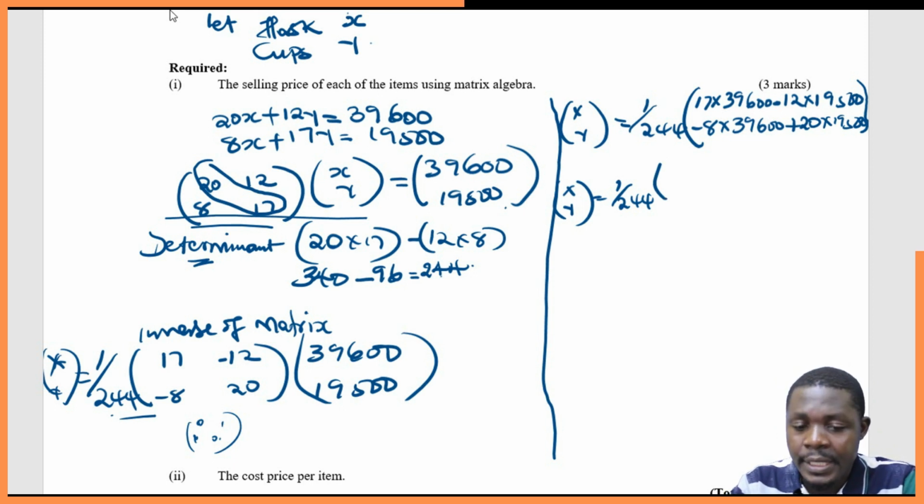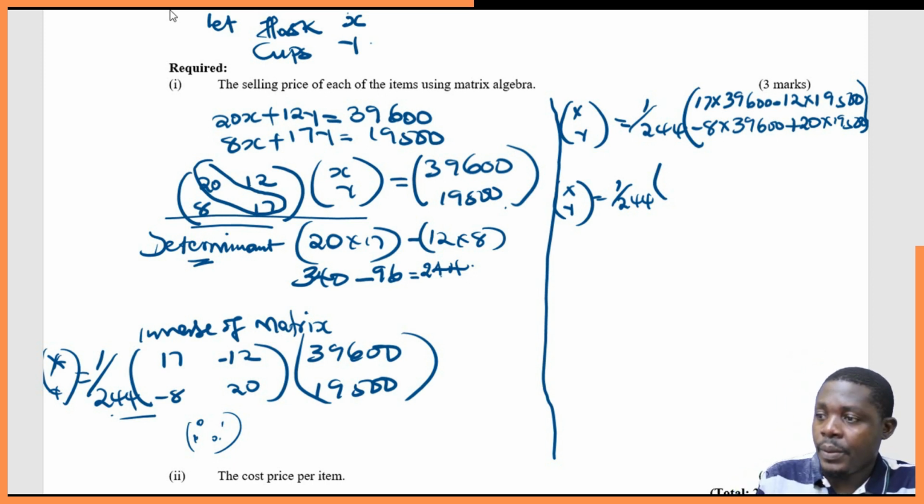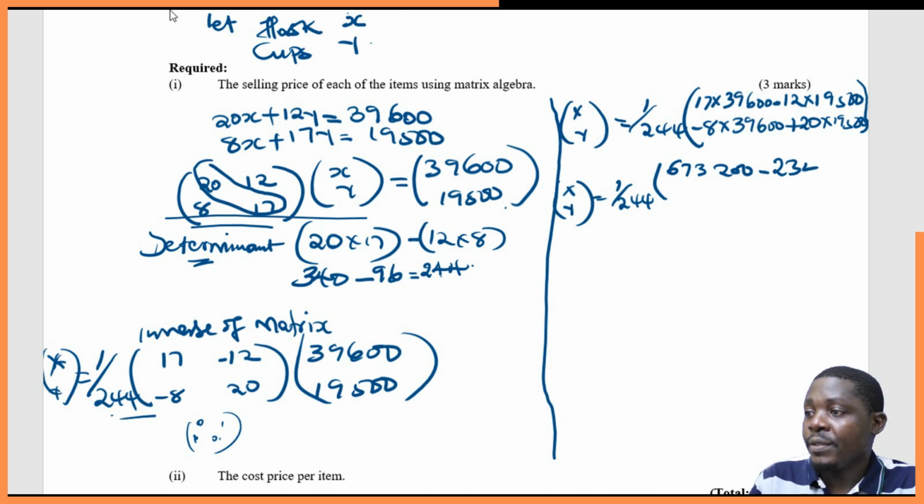That is 17, we are multiplying by 39,600. We have 673,200 minus 12 multiplied by 19,500, I have 234,000.